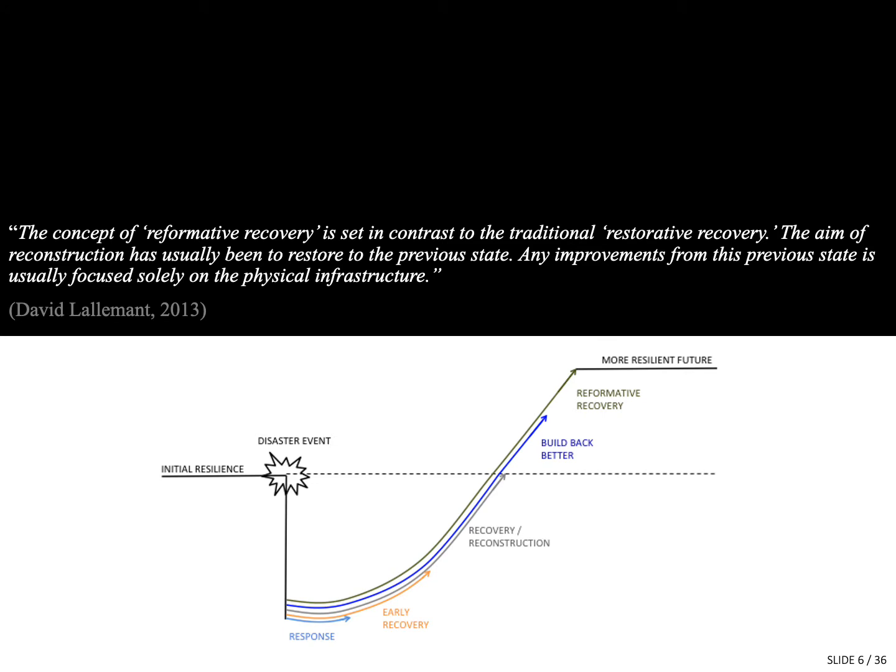Generally, the traditional approach of dealing with post-disaster situations is to direct the reconstruction and rehabilitation efforts to a pre-disaster state, also termed restorative recovery. In this figure, David Alexander explains and emphasizes building back better, and he termed it reformative recovery.